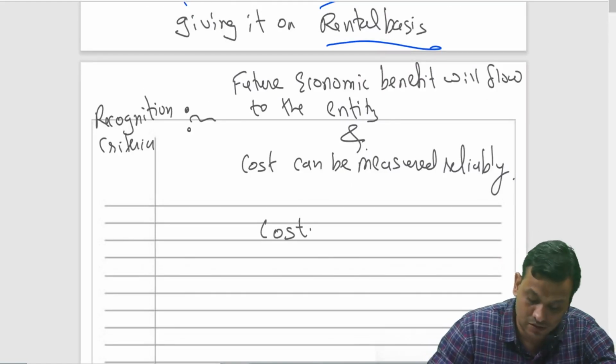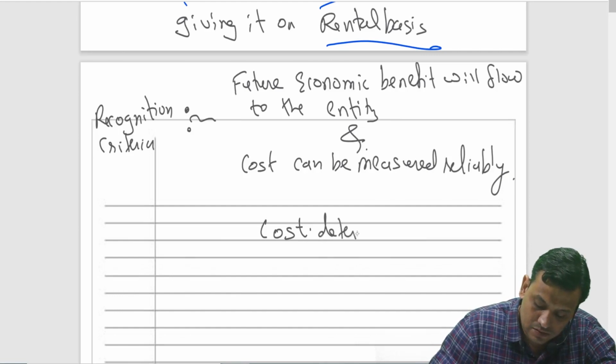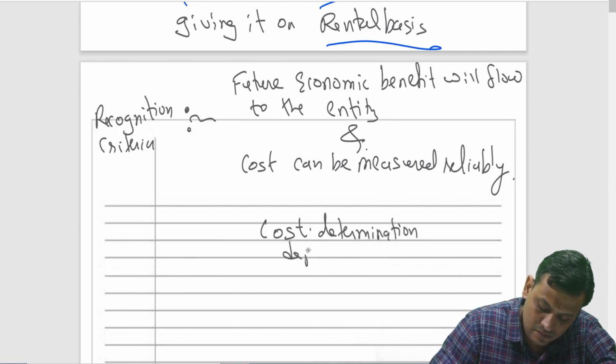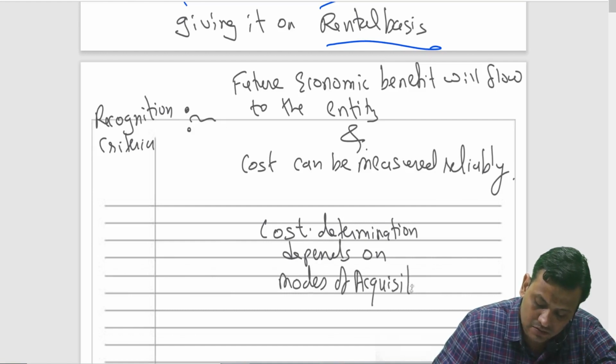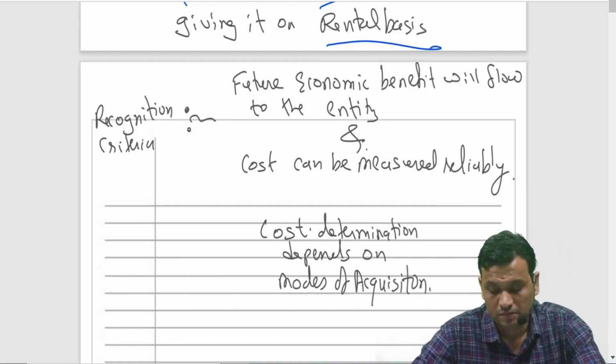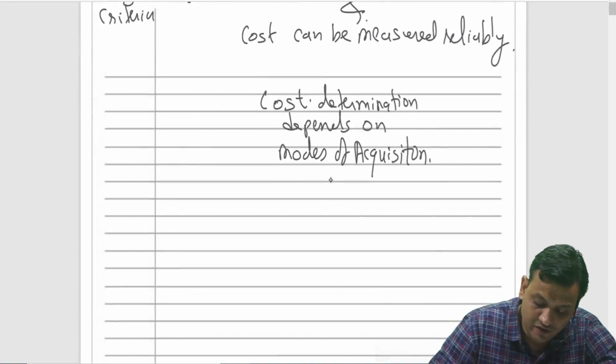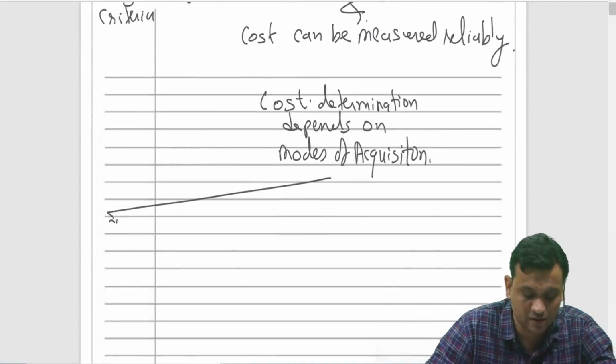determination depends on modes of acquisition. Now, what can be our different modes in which we can acquire?